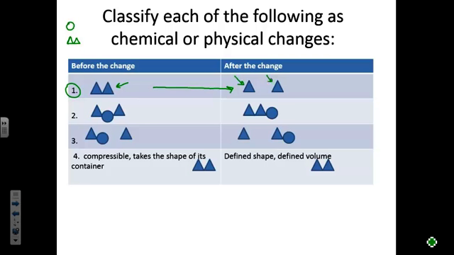So the bond that I had here is no longer present. And if you think about the definition of chemical and physical changes, chemical changes involve a change in identity. And that means I've broken or made new bonds. So in number 1, I broke a bond, and so we would classify this as chemical. So now you should stop the video and do number 2 and number 3 and number 4, and then start it back up when you're ready.